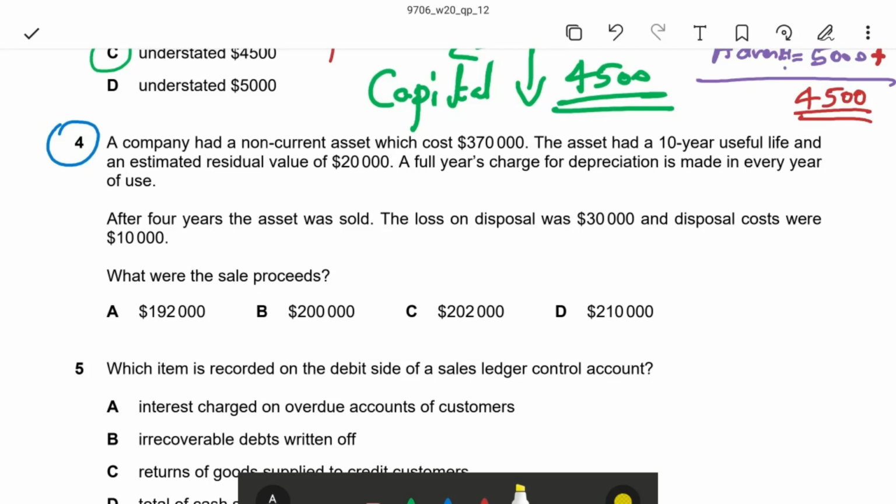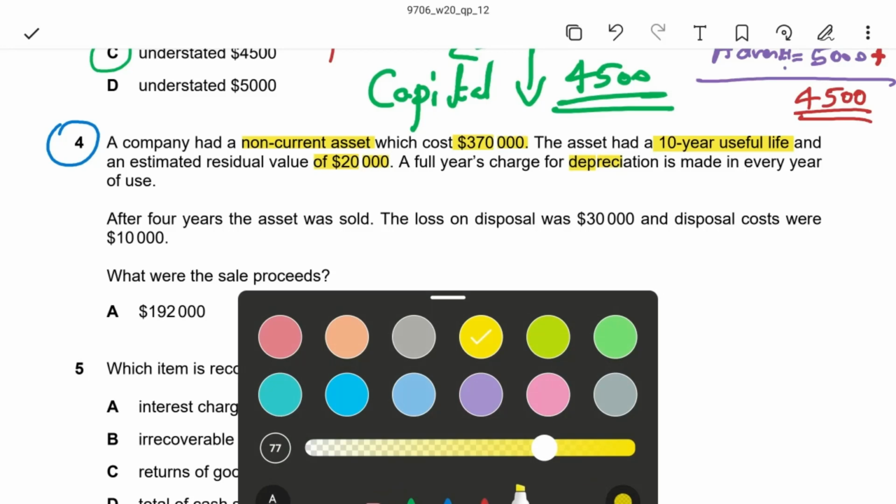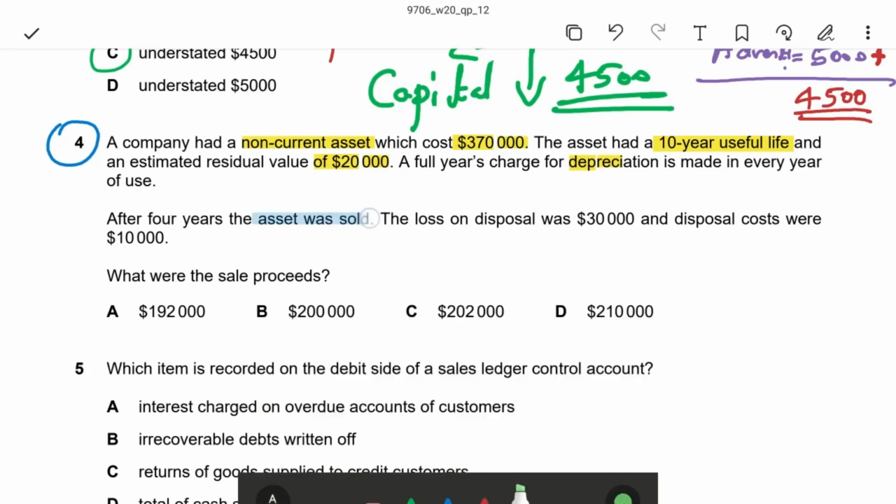A company had a non-current asset which cost 3,70,000. The asset had a 10 year useful life and an estimated residual value of 20,000. A full year's depreciation charge is made every year. After 4 years, the company sold the asset.